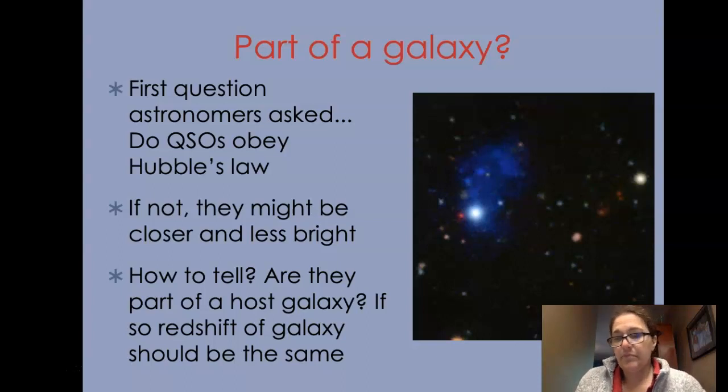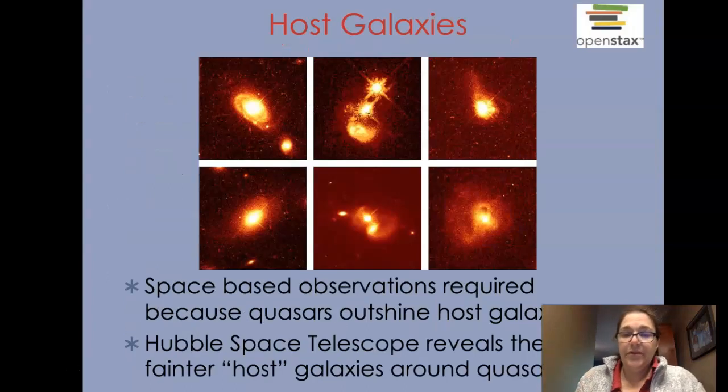Well, we figure out if it's part of a galaxy. Because if the redshift of the galaxy and the redshift of the quasar are the same, then they're moving together and Hubble's law applies.